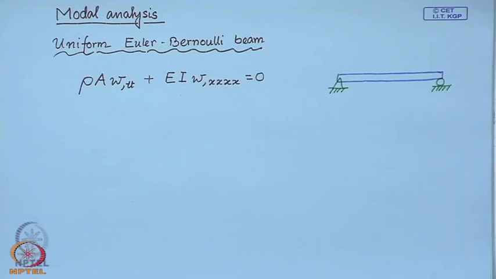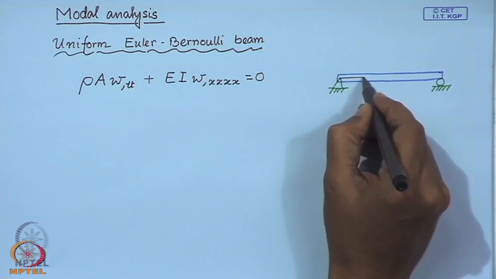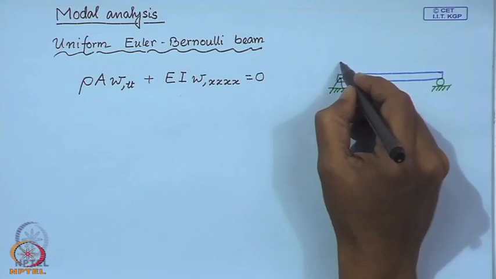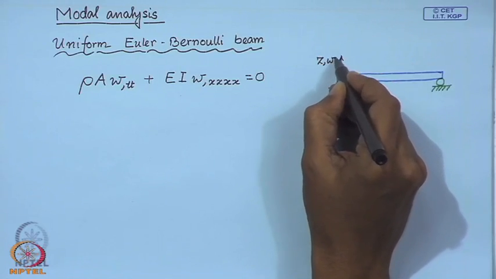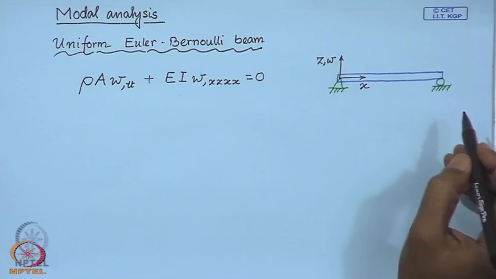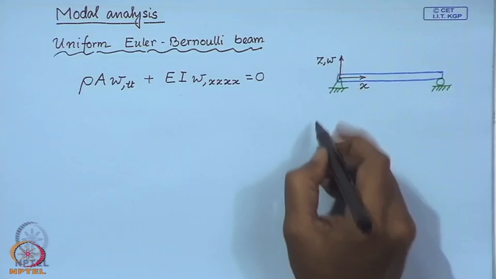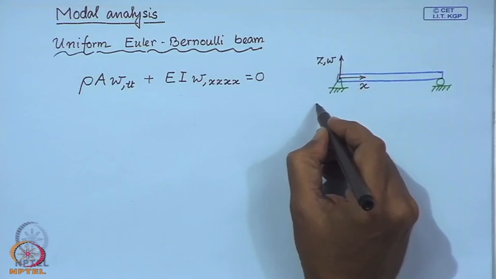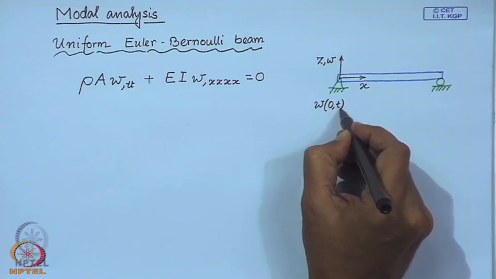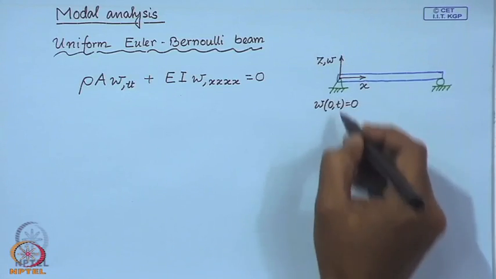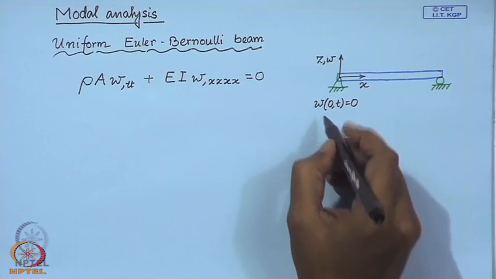a simply supported Euler-Bernoulli beam, then the boundary conditions: so this is the displacement equal to 0 condition.